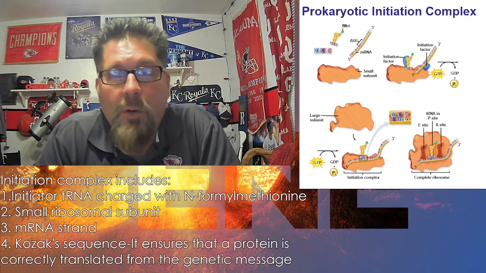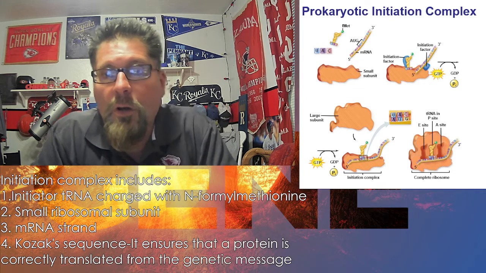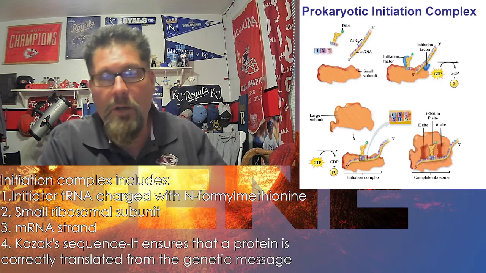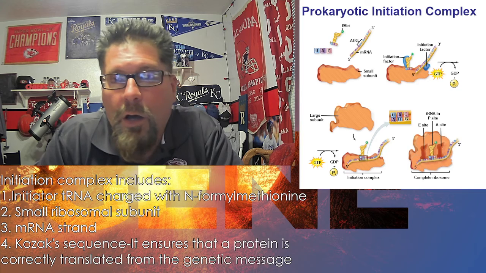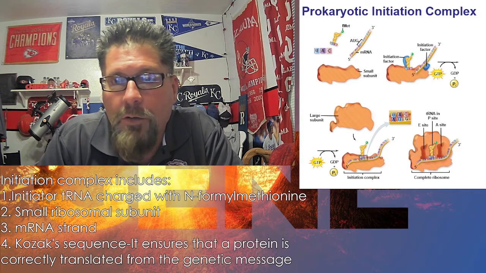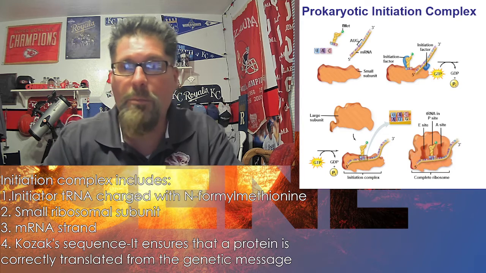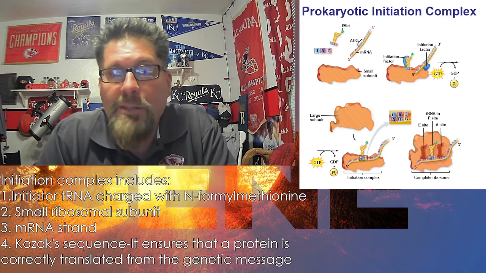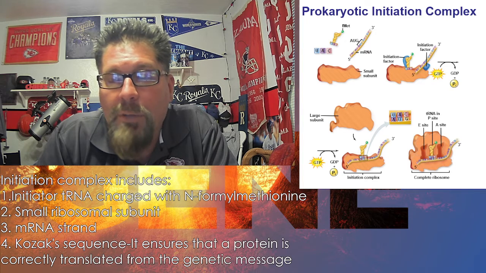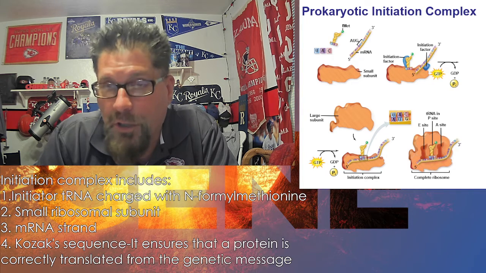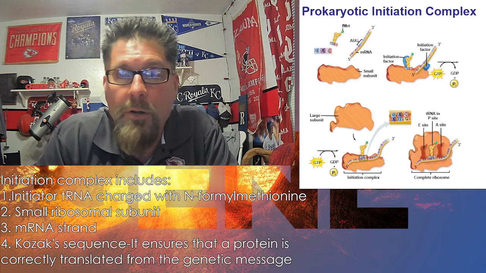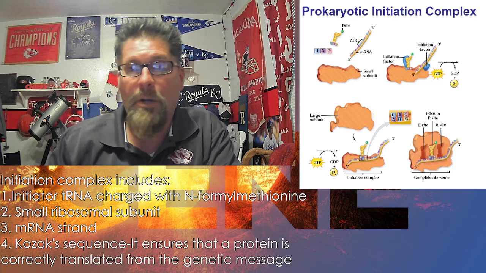It's similar to the tRNA molecule getting a methyl group added to it to make it more efficient and to help improve its process. It's the same thing here. This Kozak sequence is added, and its function is to make sure that the RNA molecule is properly read and translated.